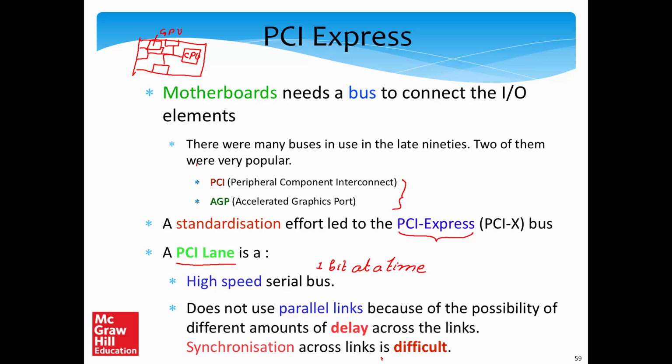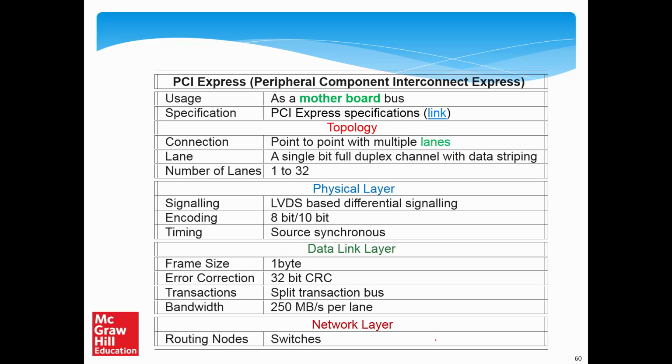But mind you, you can have a bus with parallel links as well. So there are trade-offs, and one trade-off is it needs to be slightly slower. So in general, PCI Express is a very, very broad standard, and it is mainly meant for motherboard buses, right?